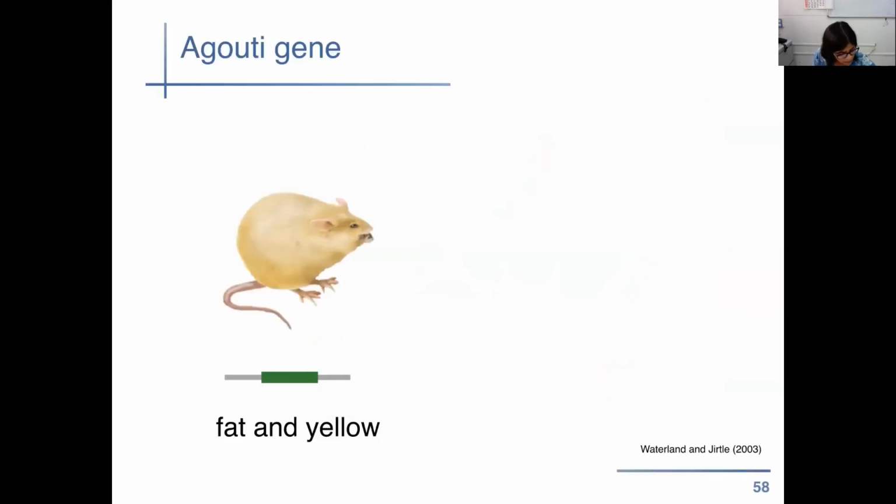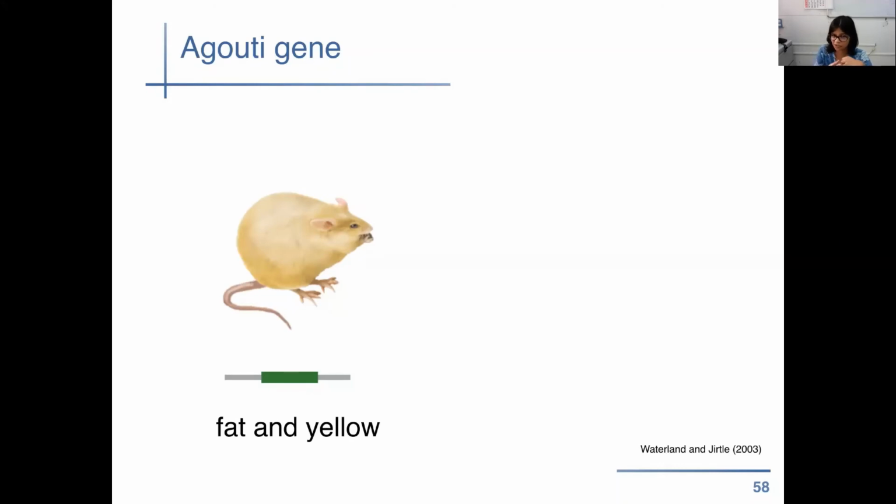So maybe I'll just give you one cool example from Randy Jirtle's lab from Duke University. This is what they did. There's an agouti gene which causes a mouse to have two characteristics. They become fat, obese, and also yellow in color.